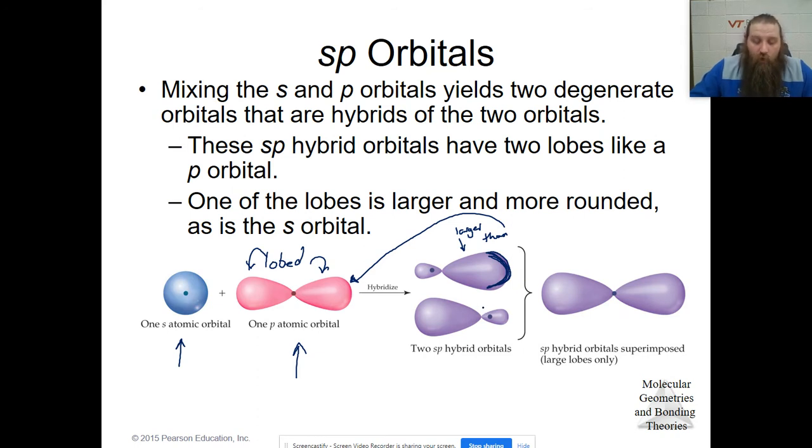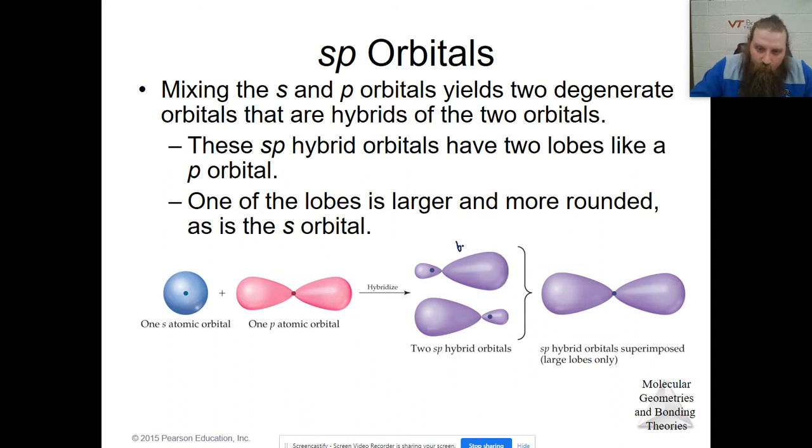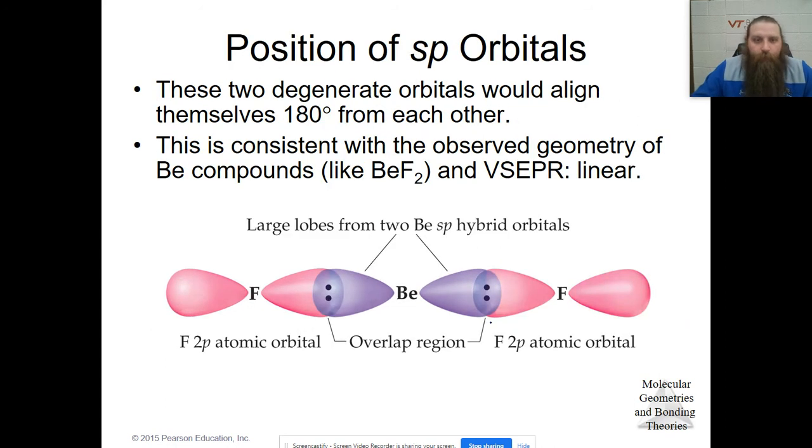The two hybrids together make this thing, which is bigger than that, right? This is larger than that thing right there. So there's our hybridized orbital. This little thing is called the bonding lobe, and this would be the antibonding or the node. All right, more on that in a little bit.